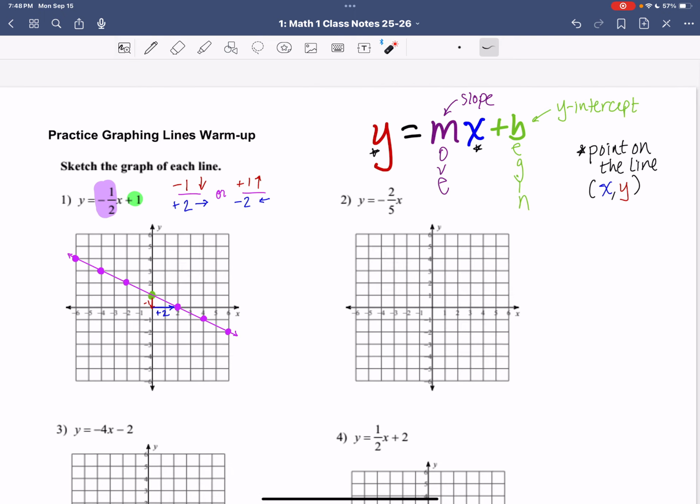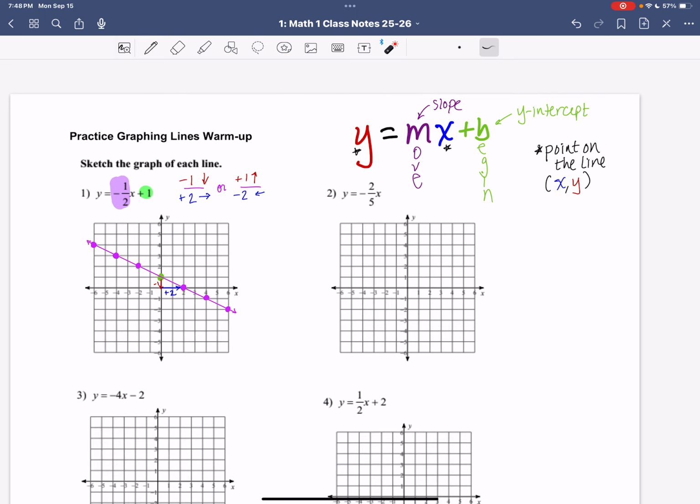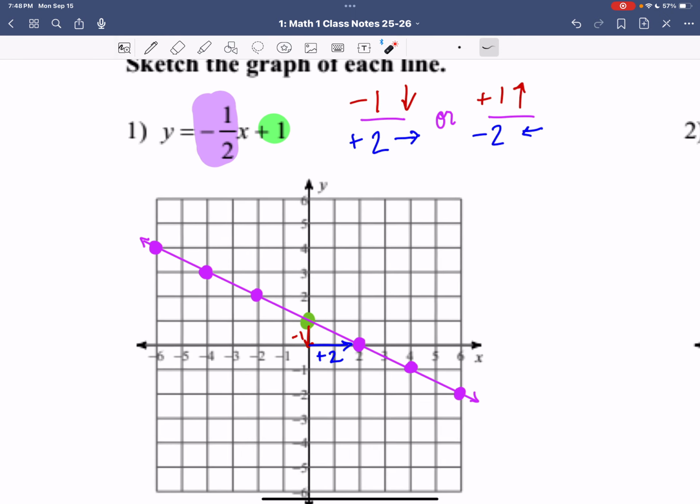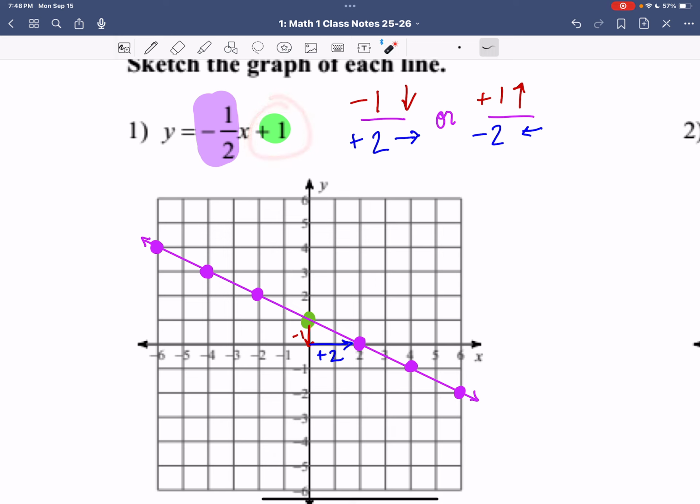And then lastly, this is going to be a warm-up that we'll be talking about, but this is just some practice sketching. So when you're doing this, remember, you start at your b value, and the negative 1/2, that negative is telling you to go down. And then since it's a negative on top and a positive on the bottom, you go to the right 2. You could also go up 1 and to the left 2 because the negative's down there.